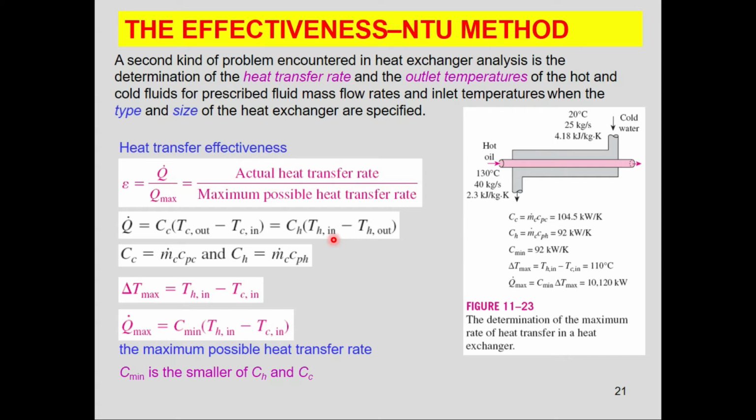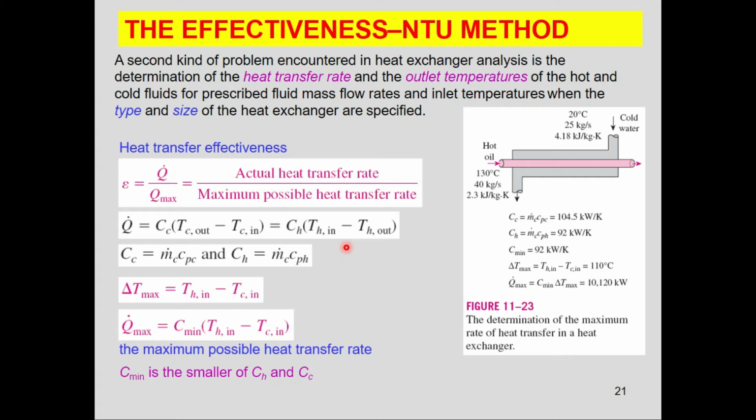Previously we said that the heat capacity rate is the product of mass flow rate and specific heat: for the cold fluid stream, C_c equals m dot c times c_pc, and for the hot fluid stream, C_h equals m dot h times c_ph. These are the formulas that we have already discussed in the previous slides.